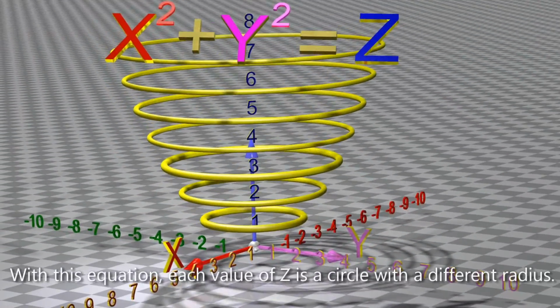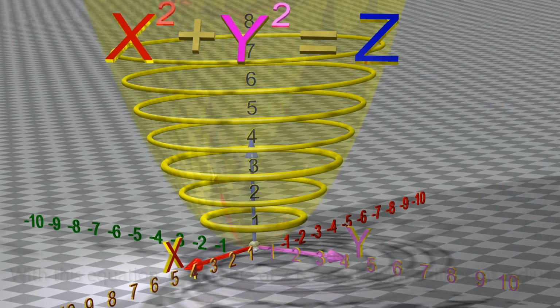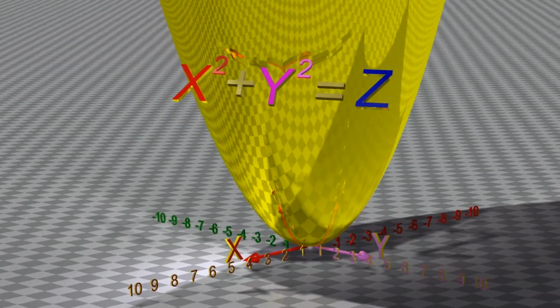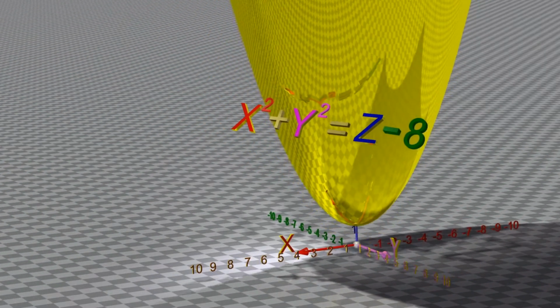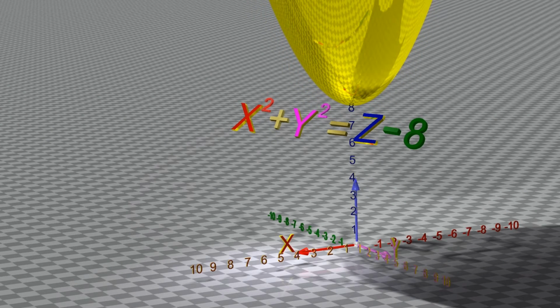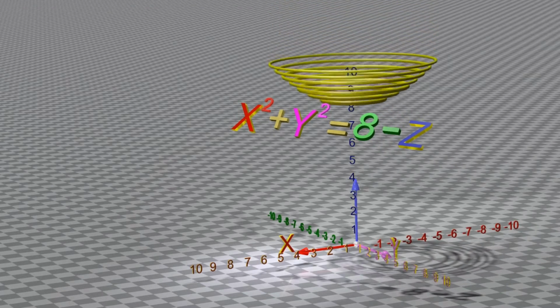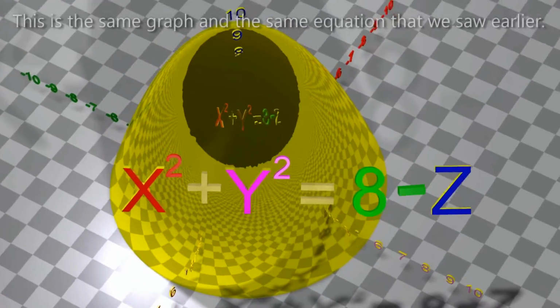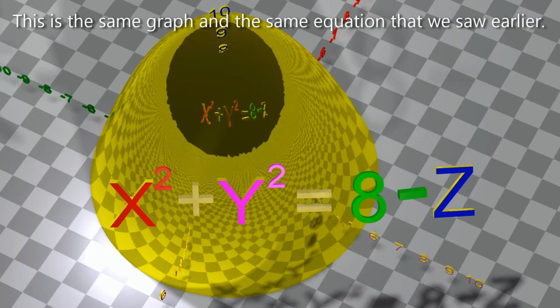With this equation, each value of z is a circle with a different radius. This is the same graph and the same equation that we saw earlier.